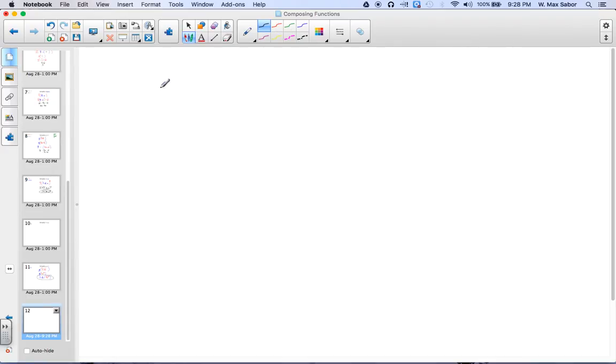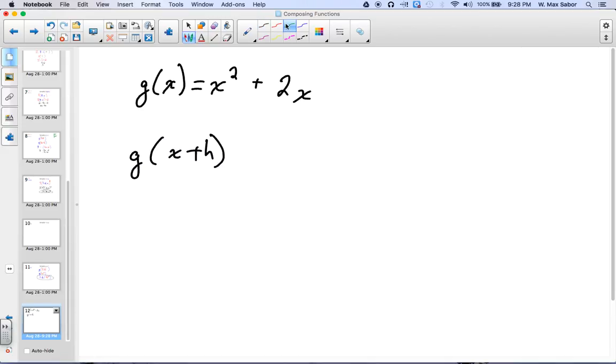One thing that I forgot to pre-plan was if we have g of x equals something like x squared plus 2x, and we're substituting in something like x plus h, we need to make sure that that gets substituted in every place.